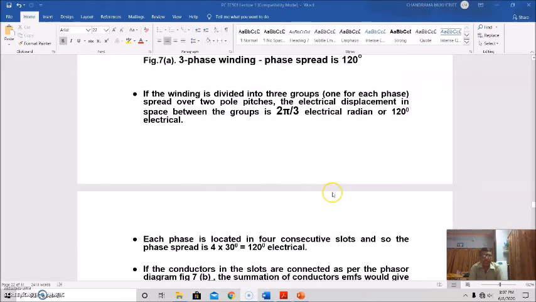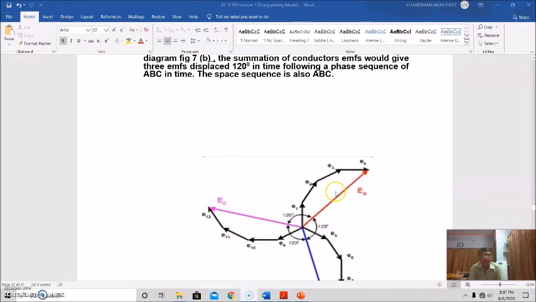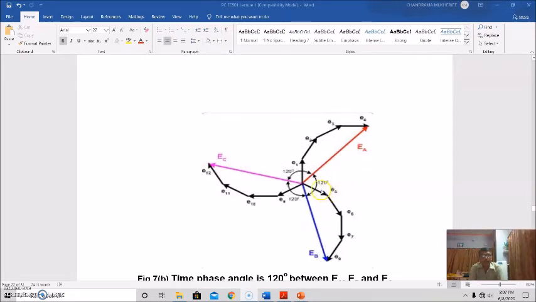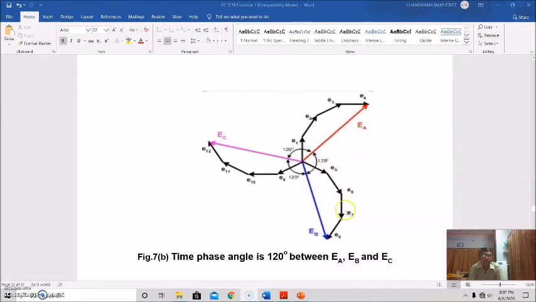The sum of E5, E6, E7 and E8 will give you the EMF of phase B, EB, and this is 120 degrees apart from the phase A EMF.